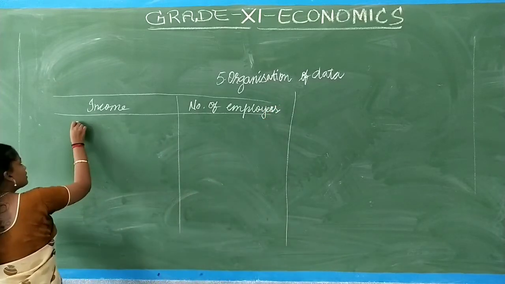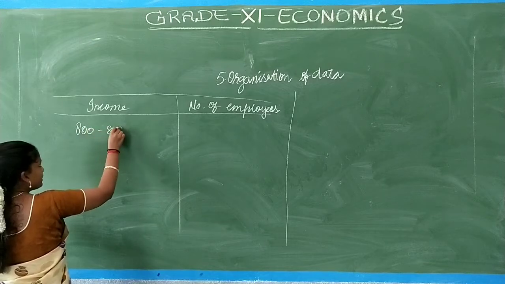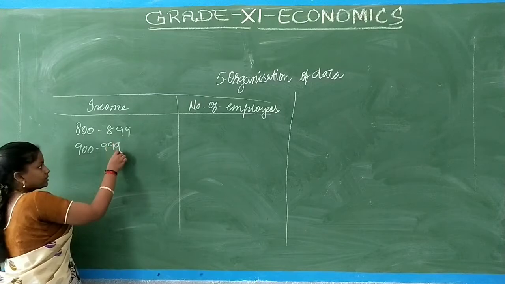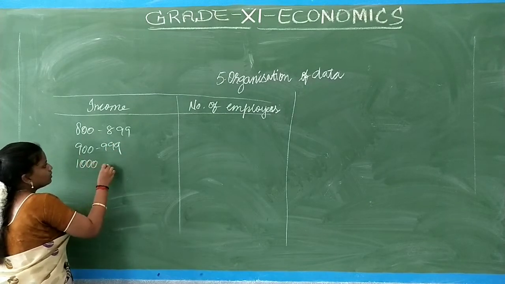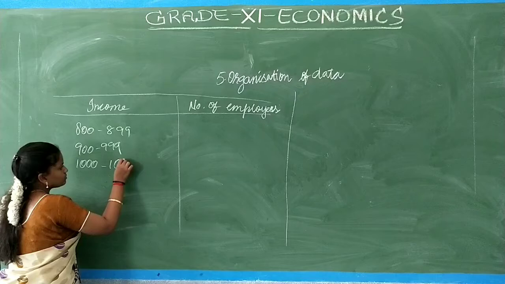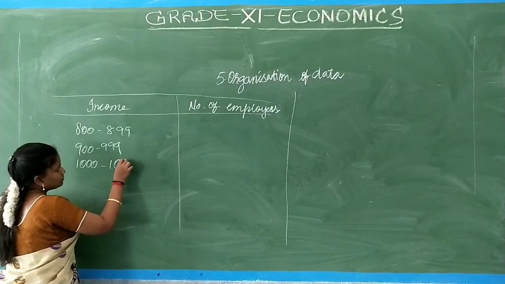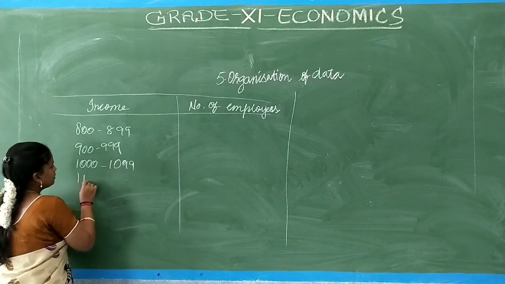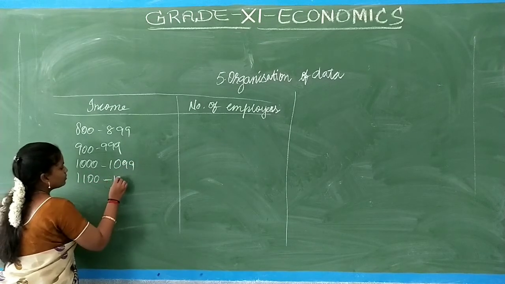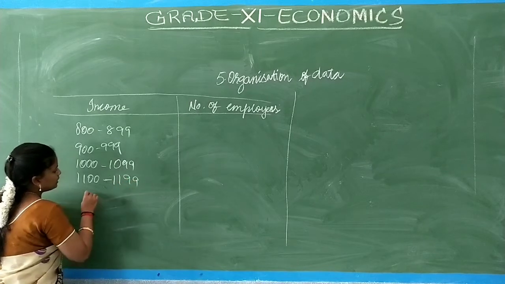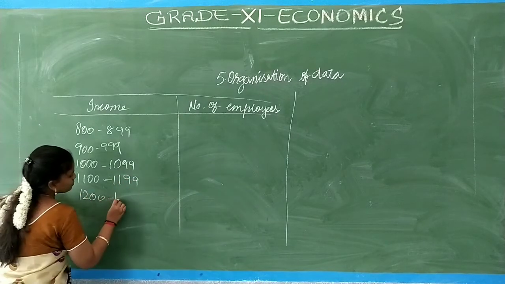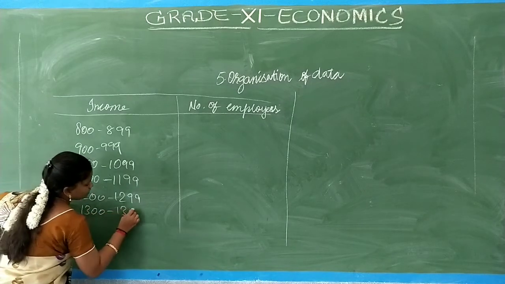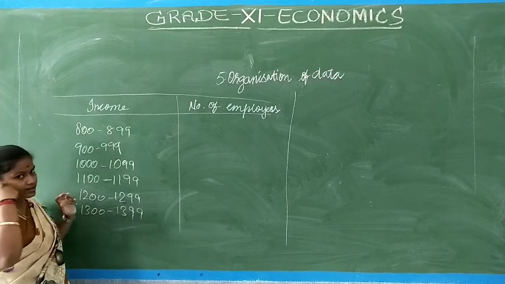So what did we define? 800 to 899, 900 to 999, 1000 to 1099. Right. Then 1100 to 1199, 1200 to 1299, 1300 to 1399.